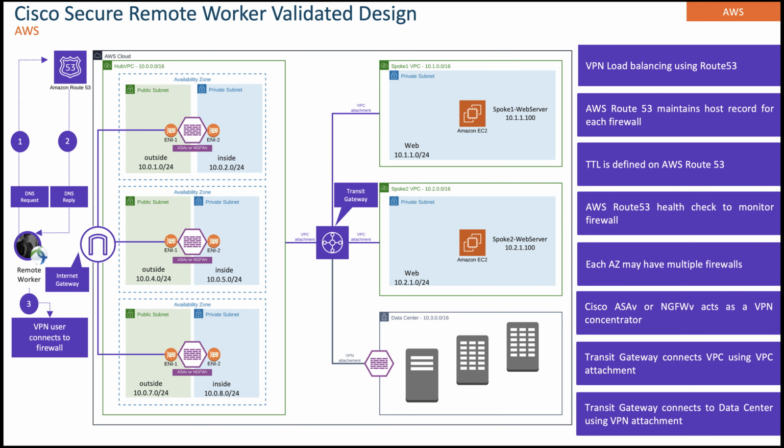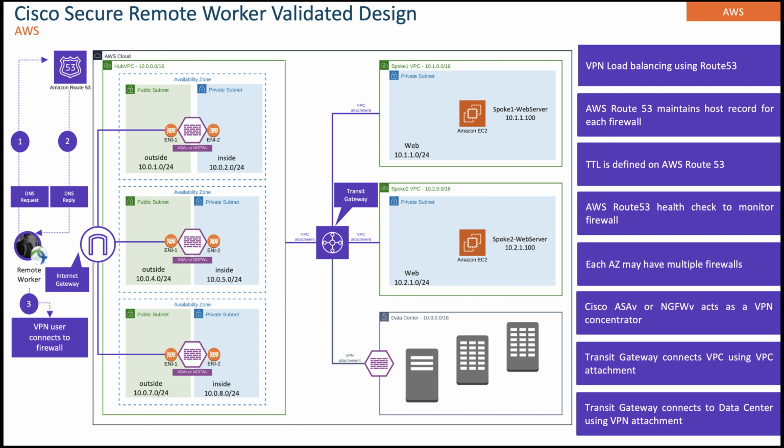Now, if you look at this particular architecture at a very high level, this is a multi-AZ, multi-VPC architecture where we have security VPC, or in this case we call it hub VPC, which is connected to our spoke VPCs, and these spoke VPCs are our application VPCs where our application workloads are hosted.